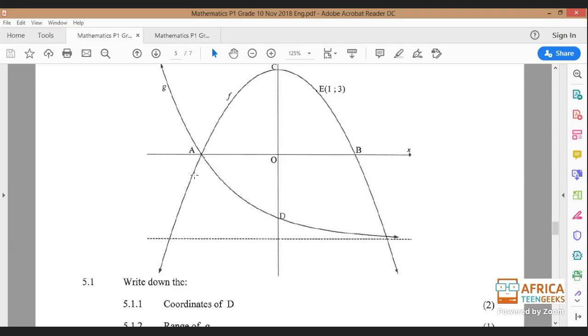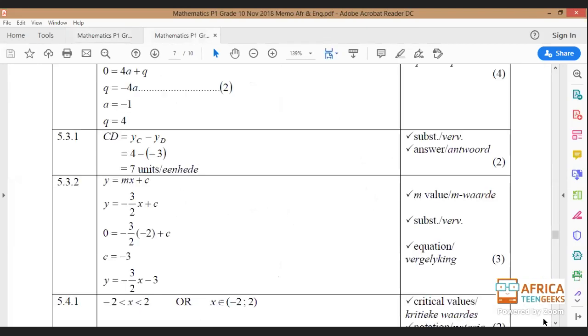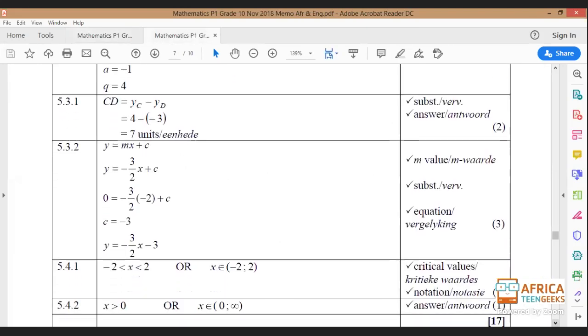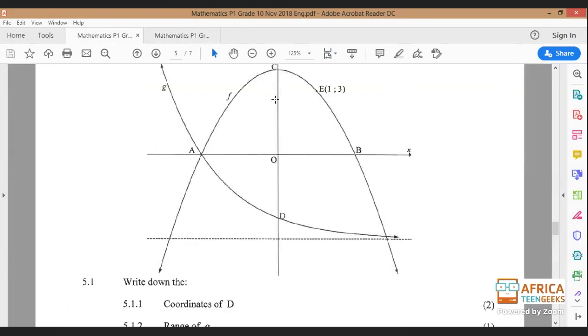Does it make sense? Here I'm going to show you with the solution: where x is greater than 0, or where x is an element of (0, infinity), that's where f is decreasing.